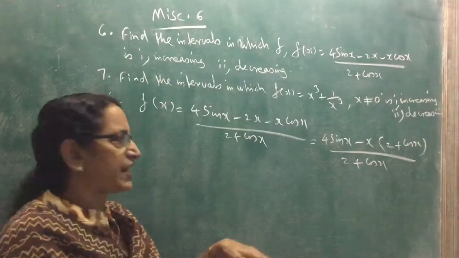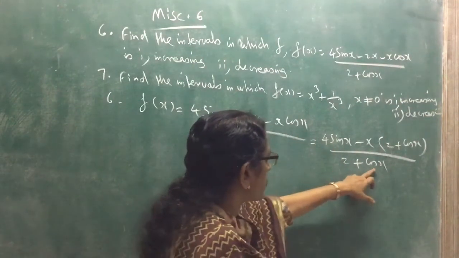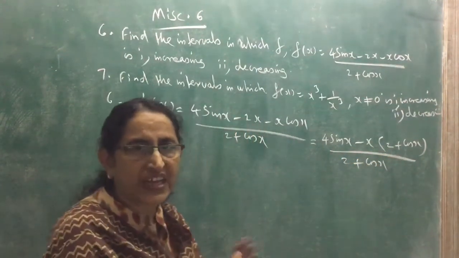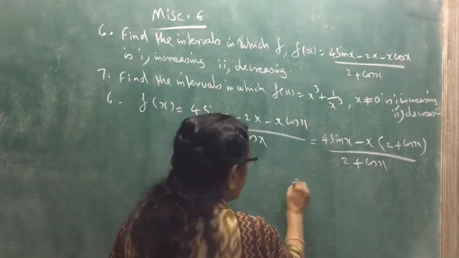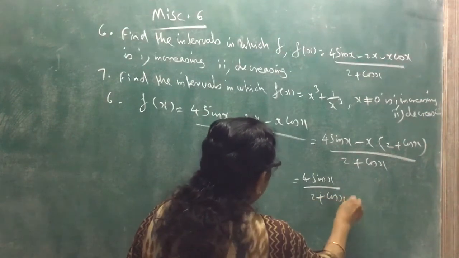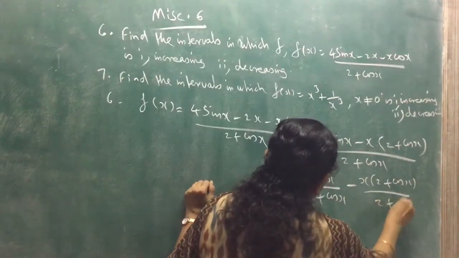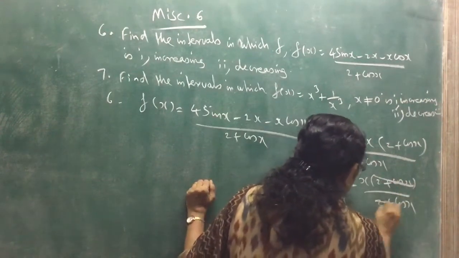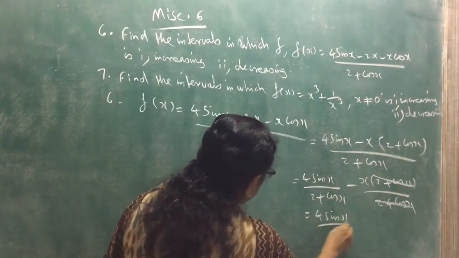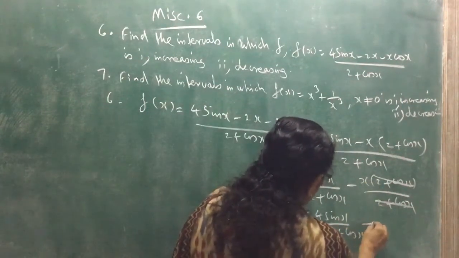Now we can split the terms: 4 sin x by 2 plus cos x, minus x into 2 plus cos x divided by 2 plus cos x. We can cancel 2 plus cos x here, so we get 4 sin x divided by 2 plus cos x, minus x.